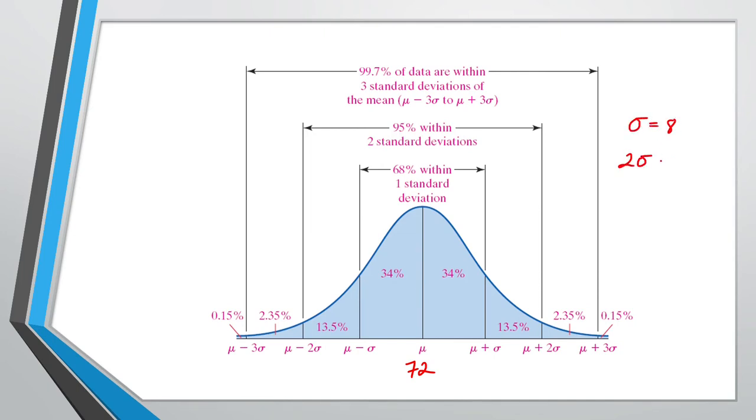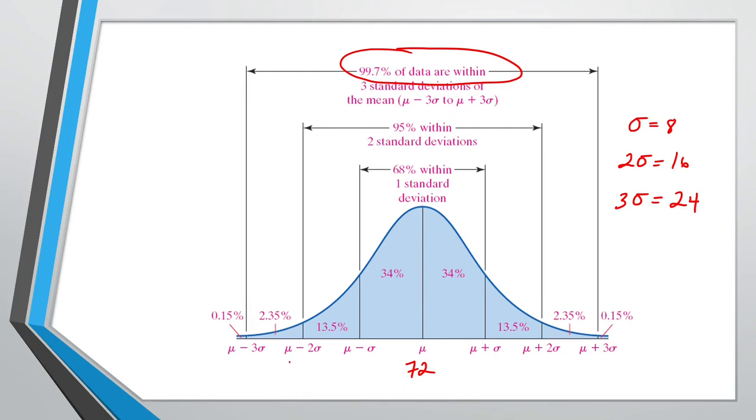Two standard deviations is double that 8, which is 16. So 3 standard deviations is triple that of 8, which is 24. So I want to calculate the range of values that would capture 99.7% of the exams, and that's within 3 standard deviations.